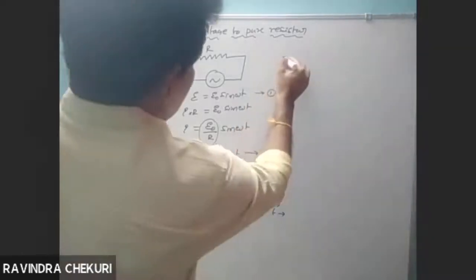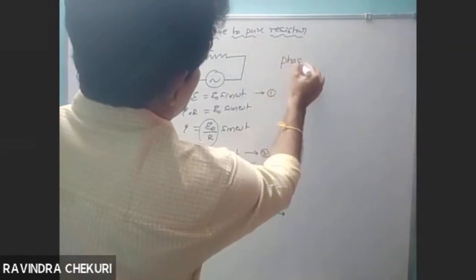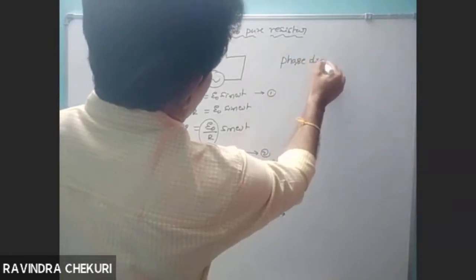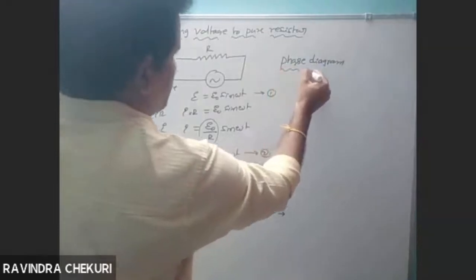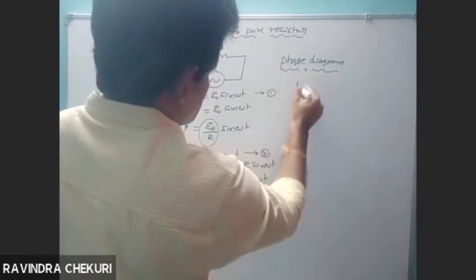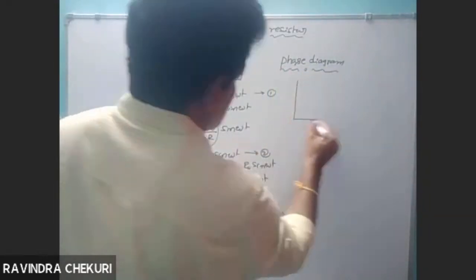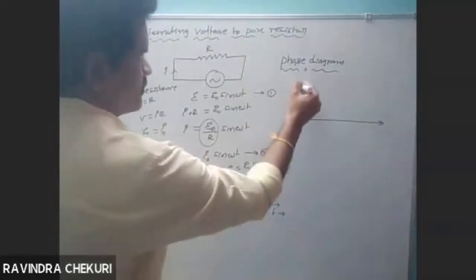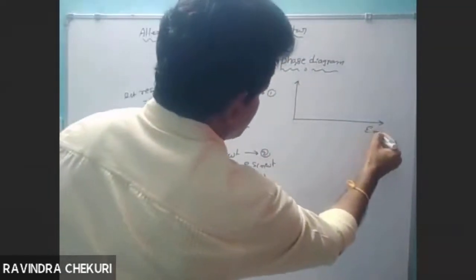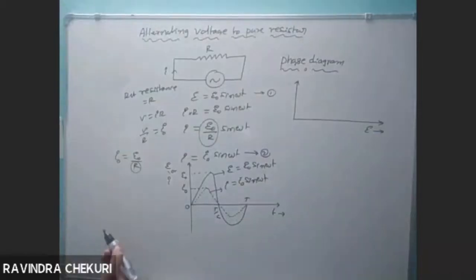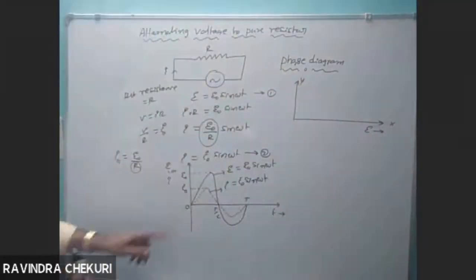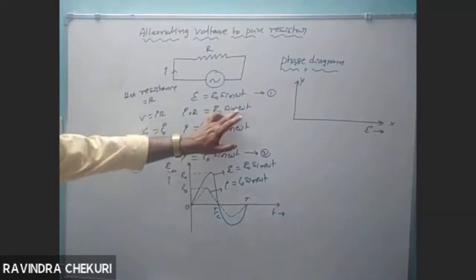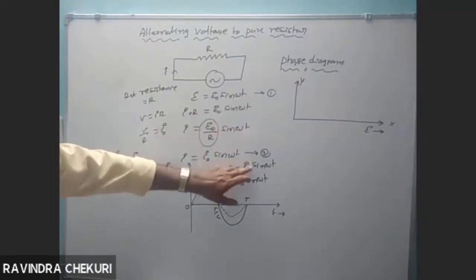Okay, what is the phase diagram? EMF is taken along the x-axis, and this is the y-axis. What is the phase difference between applied voltage and current?